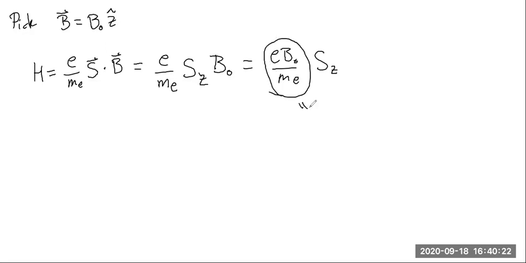So I am going to set this equal to something which I am going to call omega naught. This is what the 3 lines mean, remember, defined as e B naught over m sub e. This is the definition of omega naught in this section.